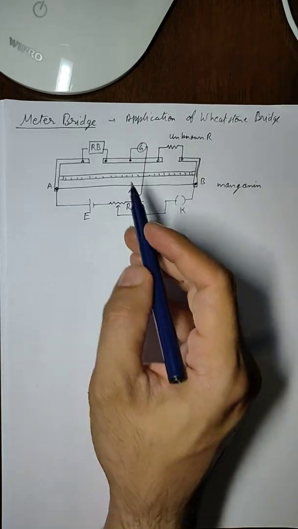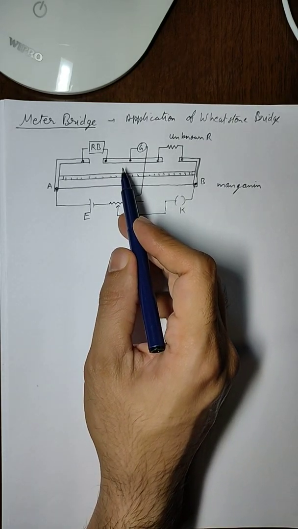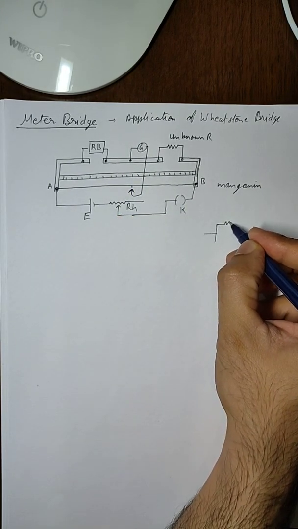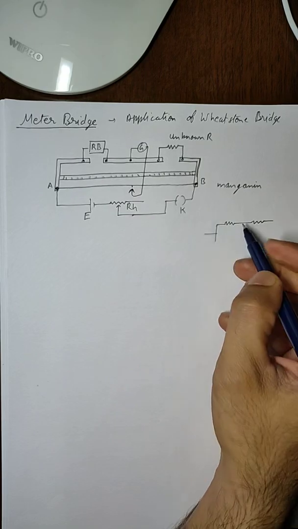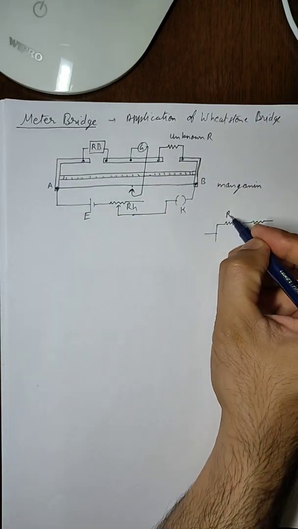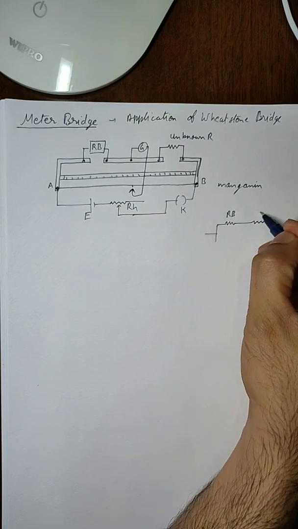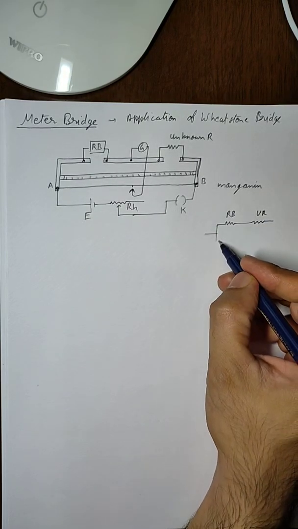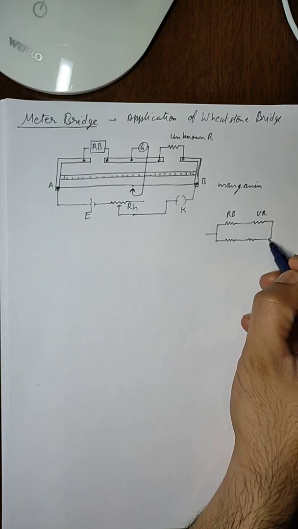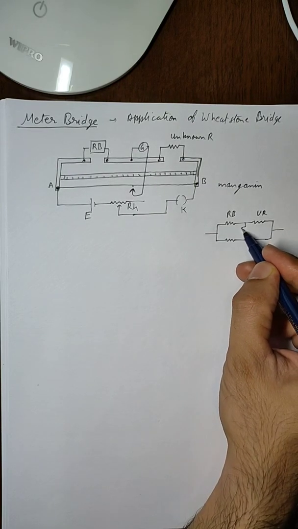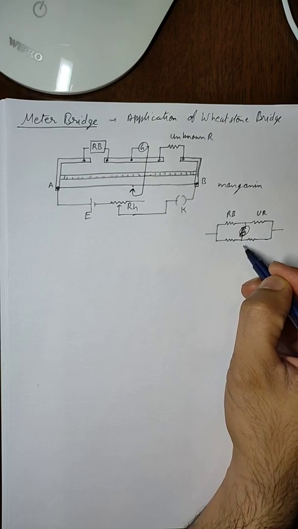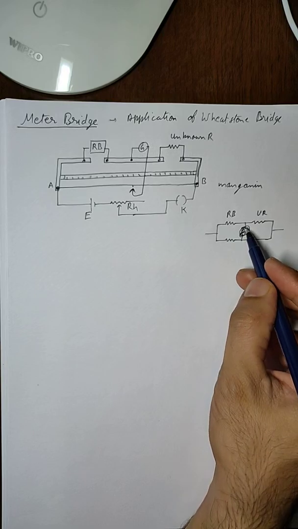Now if you compare this with the diagram of Wheatstone bridge, then you can see that we have two resistances at the top, which are the resistance box and the unknown resistance, and two resistances at the bottom, and there is a galvanometer connected with the middle branch.